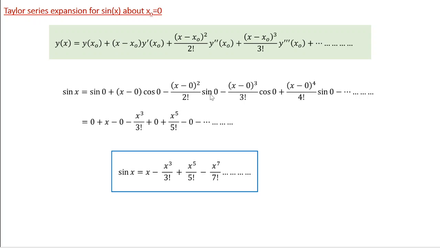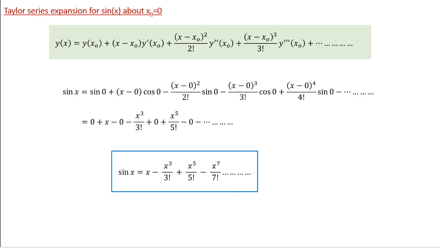In the third term you have sine 0, so the third term becomes 0, and the fourth term is minus x cubed by 3 factorial. The fifth term is 0, and the sixth term is x to the power 5 divided by 5 factorial, all the way to infinity. So sin x equal to x minus x cubed by 3 factorial plus x to the power 5 by 5 factorial minus x to the power 7 divided by 7 factorial.